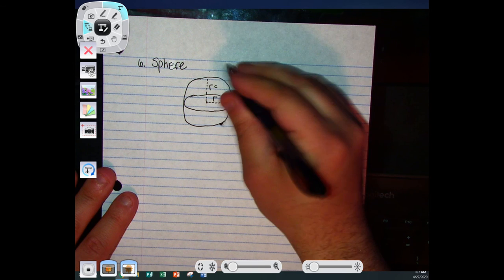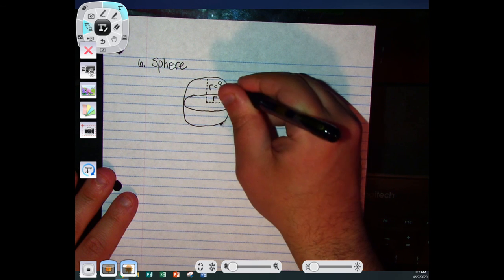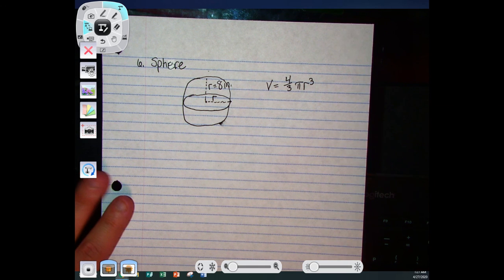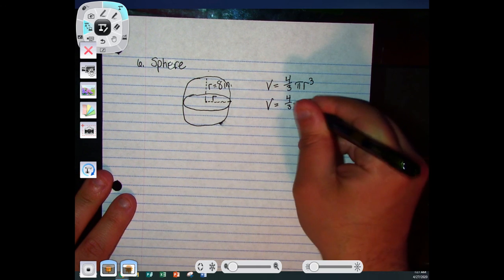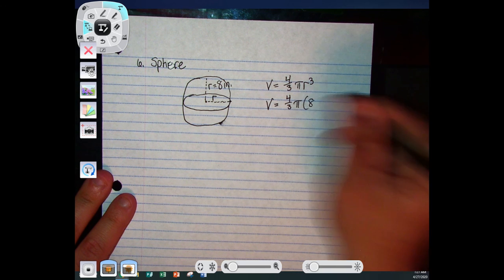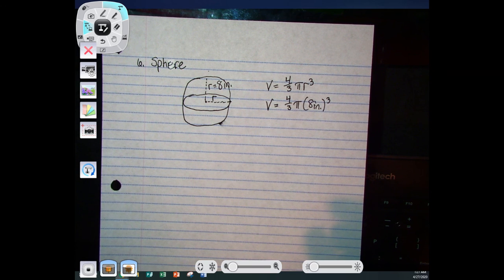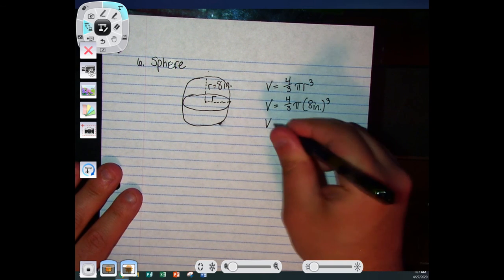Let's say I tell you that the radius of this sphere is 8 inches and I want to find the volume. It's going to be 4/3 times pi times 8 inches cubed. 8 inches cubed is 512.